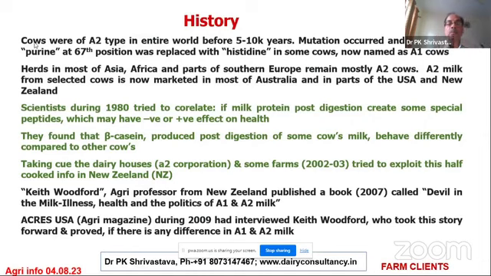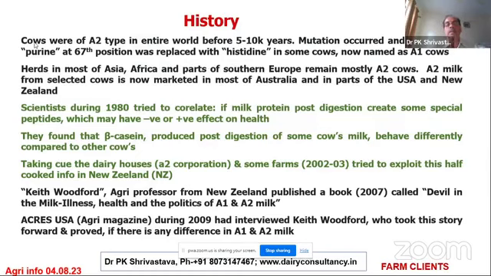They wanted to know what kind of negative and positive effects it creates, because by 1980 there was noise about lactose intolerance: many people were taking dairy products with no problem, but certain people had a problem.